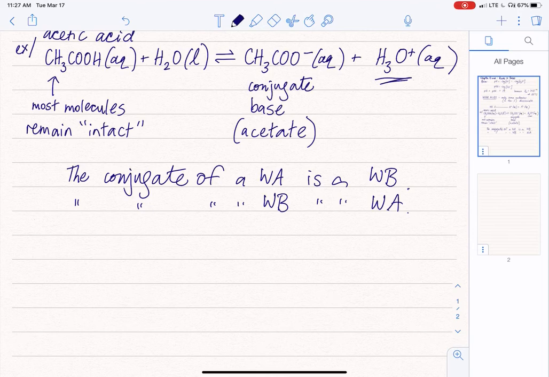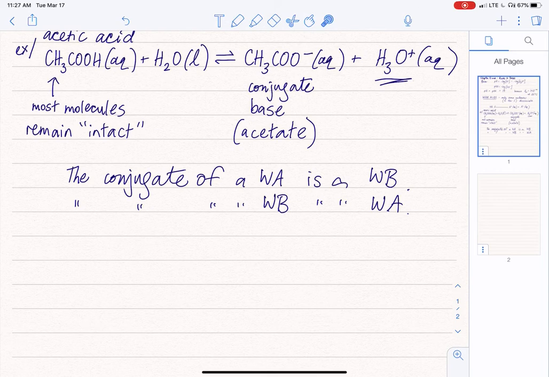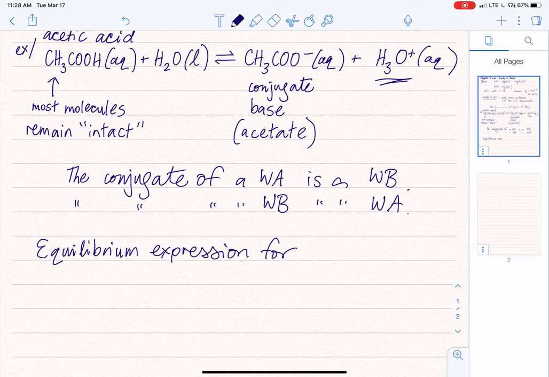So let's take this reaction for a second and think about what we did in the previous chapter, the equilibrium chapter. And I want us to write down an equilibrium expression for that partial dissociation of the acetic acid. So, of course, what I mean by that, that's a fancy way of saying I want us to write down the K for that reaction.